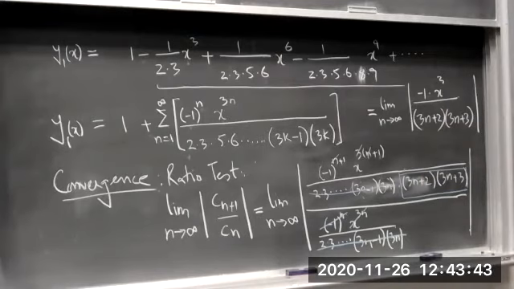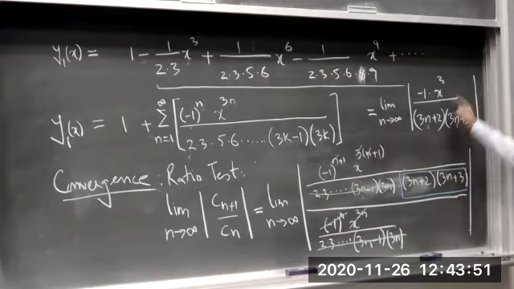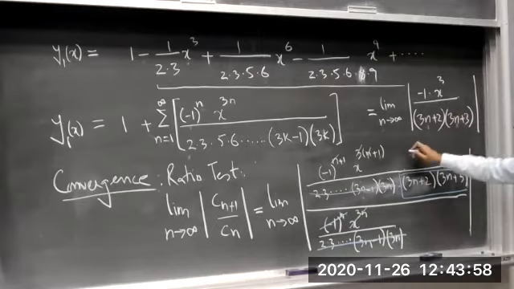I hope you get it. Now, n is in the denominator. If we apply limit n goes to infinity, all this will go to 0. This whole expression will go to 0.